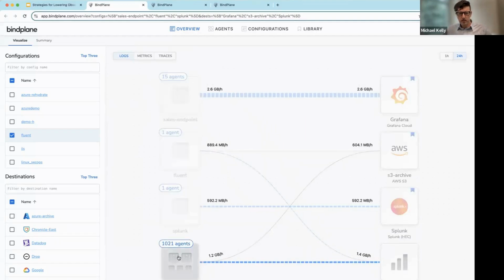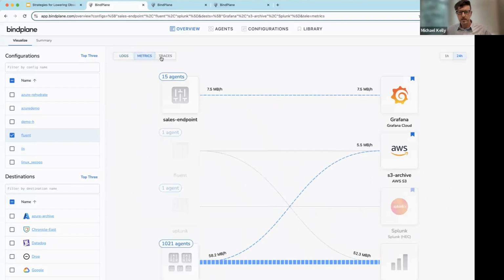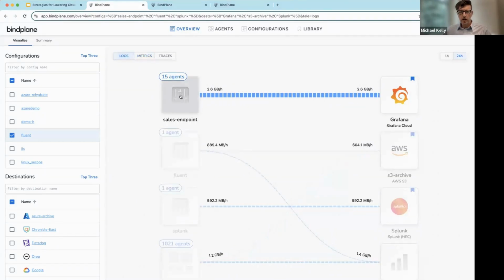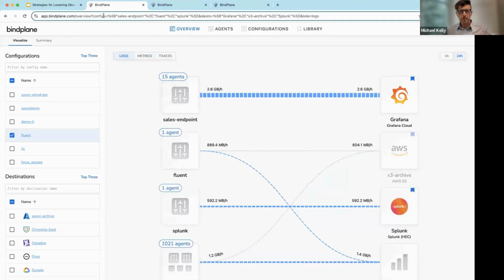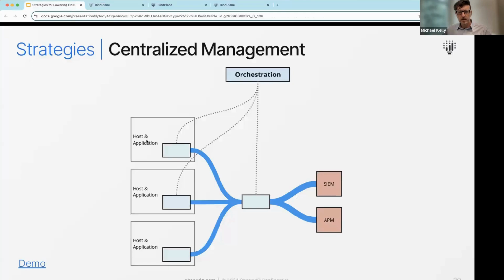These are all OpenTelemetry agents that we're managing, and we're sending to multiple destinations here. You can see that logs, metrics, and traces are all running, and they're grouped into fleets, so we can share configuration across all of these agents. But you can see that this is in place.